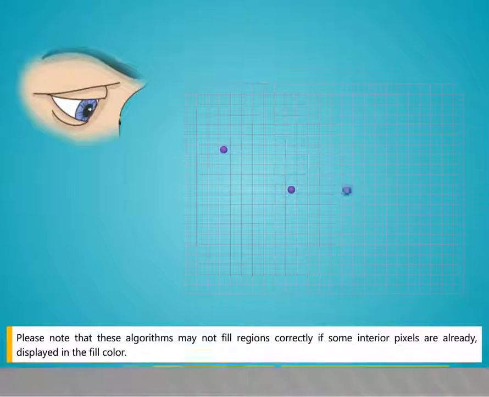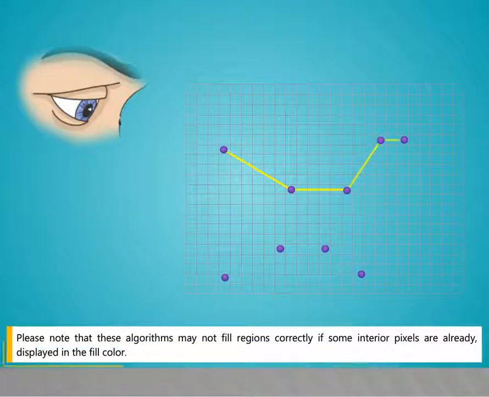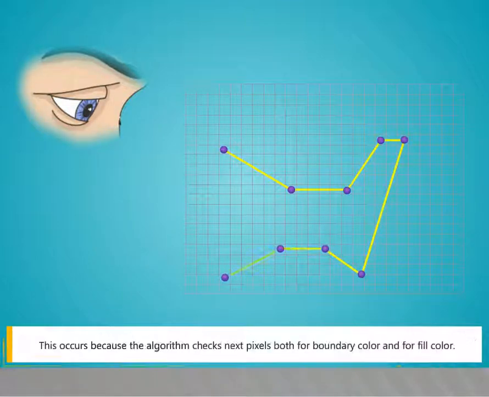Please note that these algorithms may not fill regions correctly if some interior pixels are already displayed in the fill color. This occurs because the algorithm checks next pixels both for boundary color and for fill color.